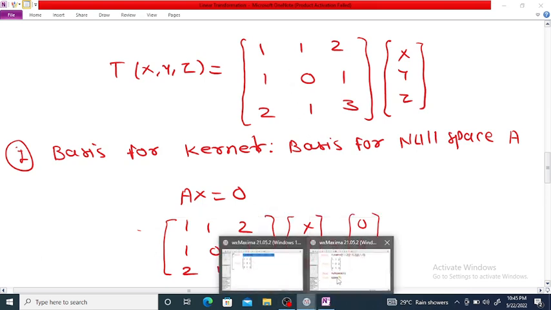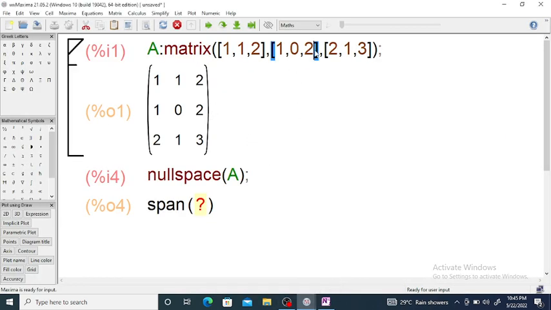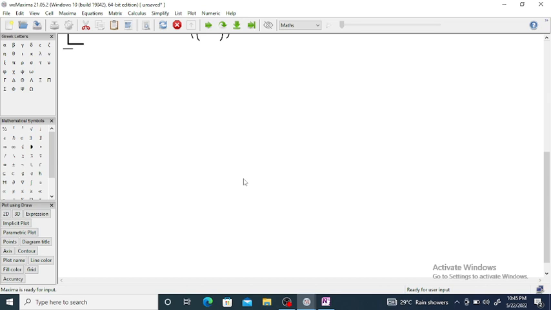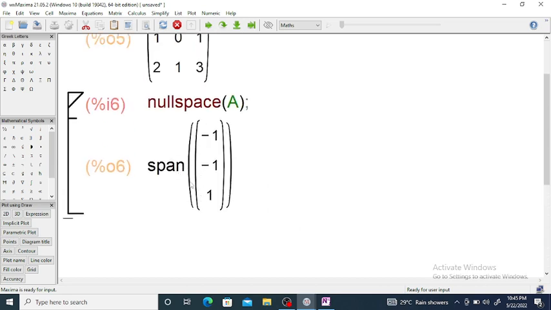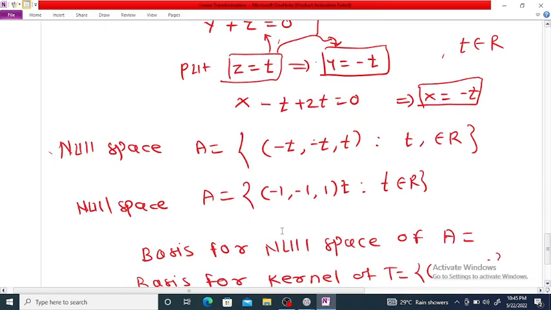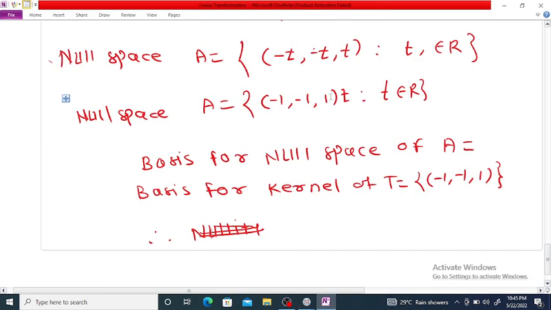Now if you write nullspace of A, it is spanned by the vector (-1, 1, 1). So the basis for null space of A, which is the same as the basis for kernel of T, is (-1, 1, 1).